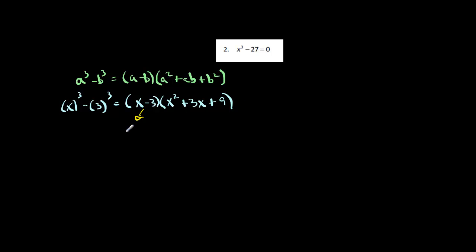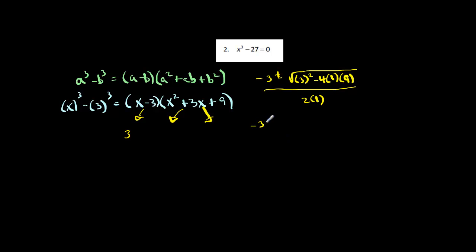This gives us 3 as a solution. This will give us two solutions, but we have to use the quadratic formula again. So the opposite of b plus or minus square root of b squared minus 4ac all over 2a. So let's simplify this.